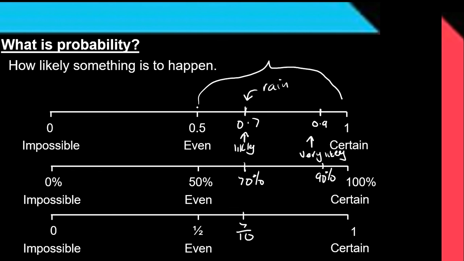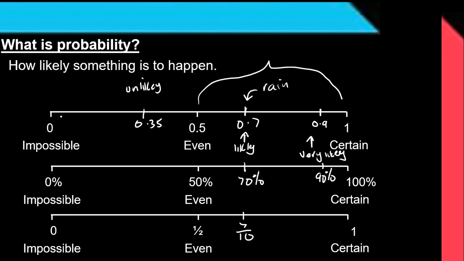If it's on the bottom half of the scale, so let's say the chance of it raining tomorrow is 0.35, because it's in the bottom half of the scale, I would say it's unlikely it's going to rain. It's below 0.5, which is an even chance. If it's less than 0.5, I'm going to say it's unlikely that it's going to happen.